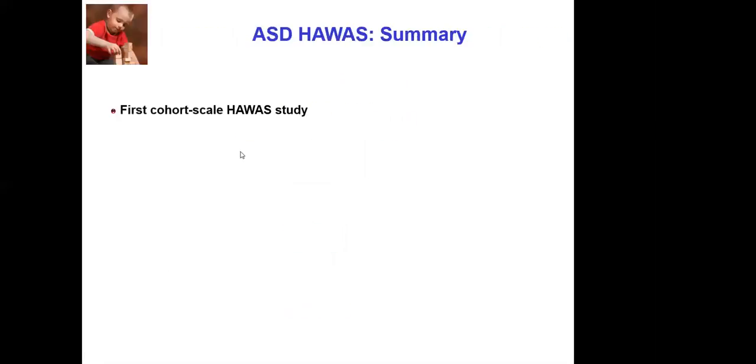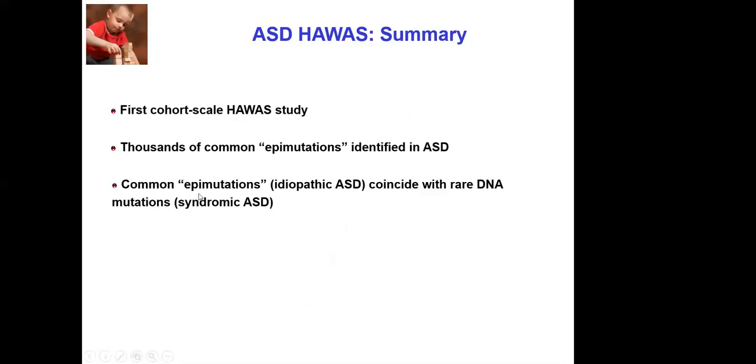So to summarize, this is the first cohort scale histone acetylome-wide association study. We found thousands of common epi mutations in autism, even though there are 0 common genetic mutations in autism, at least what's known. And the epi mutations were more or less the same in idiopathic autism and syndromic autism, which is quite dramatic.